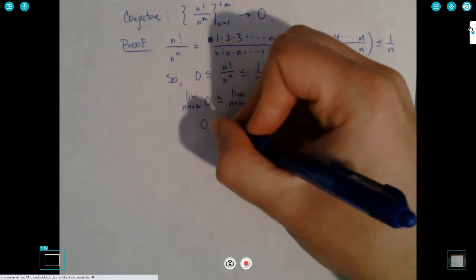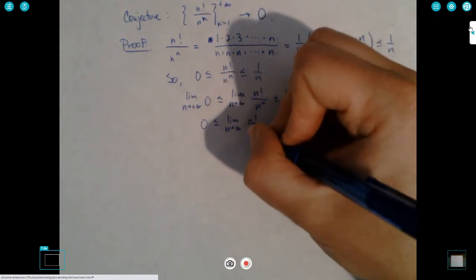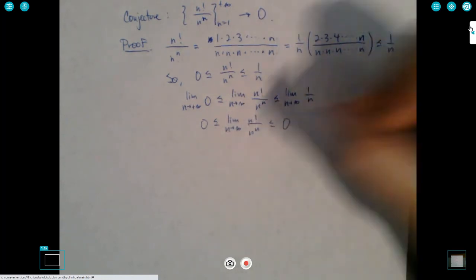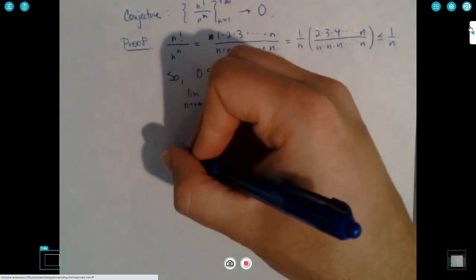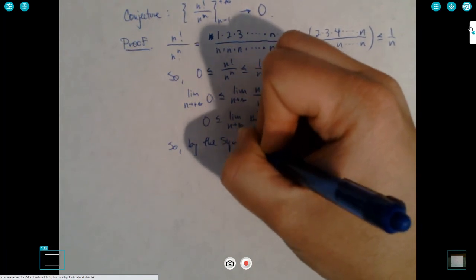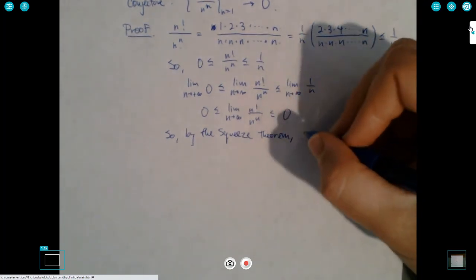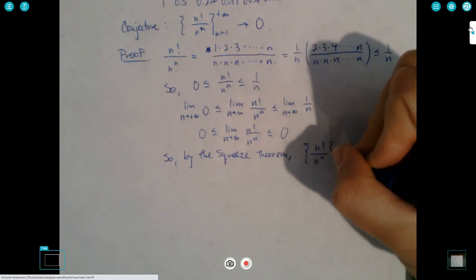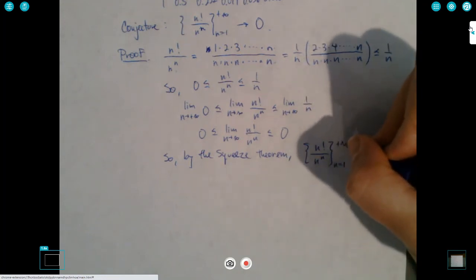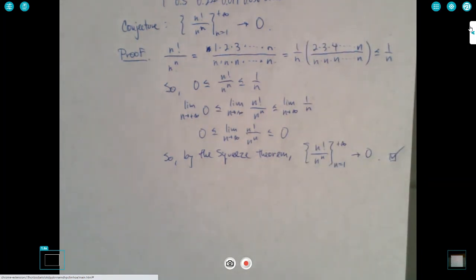Well, this limit is just 0. And this limit is just 0. So by the squeeze theorem, the sequence n factorial over n to the n goes to 0. And that's the end of my proof, right?